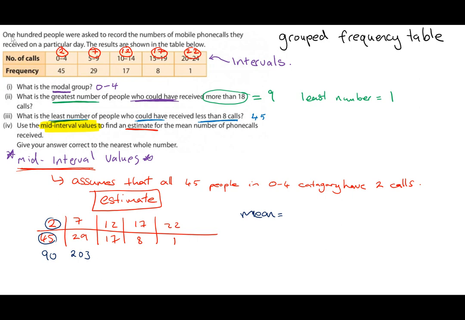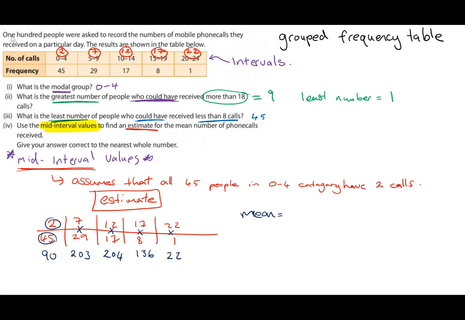Or remember, I multiply them. So the same as last time, we're multiplying top by bottom. 12 by 17 is 204, 17 by 8 is 136, 22 by 1 is 22.